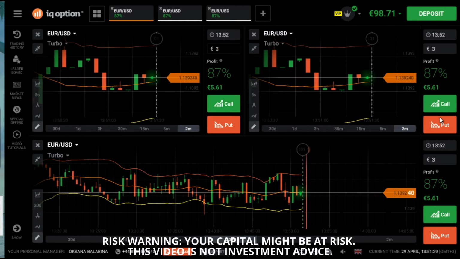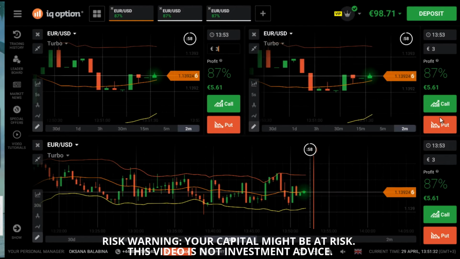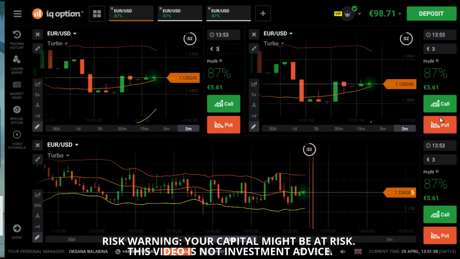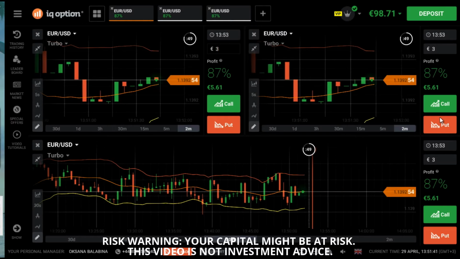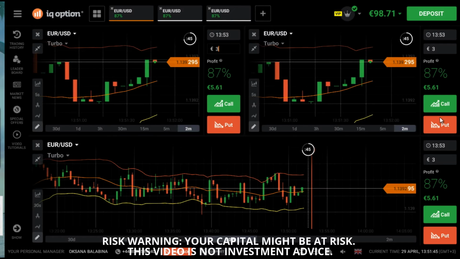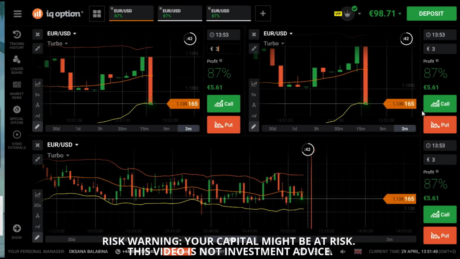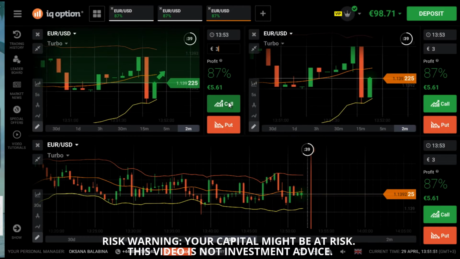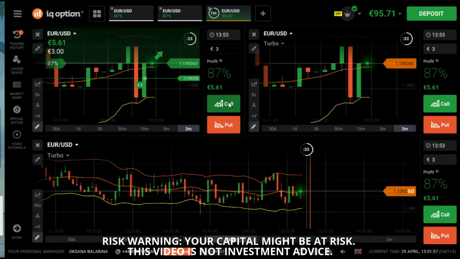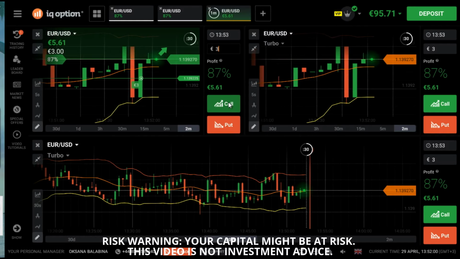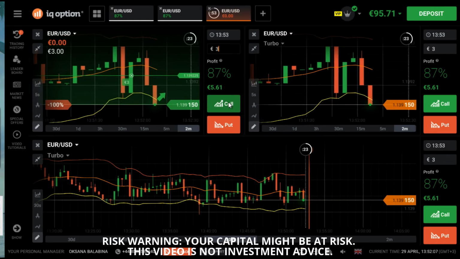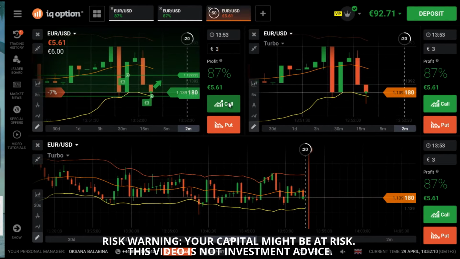Right now I'm not trading because the candle is in the middle of both the 5 seconds and 30 seconds Bollinger Bands, and there's nothing to trade on. So I'm waiting for the candle to hit or penetrate either Bollinger Band. Now it did, so I'm placing the call on the primary window, and it seems to be working, but now it came back again, so I'm trying it again.